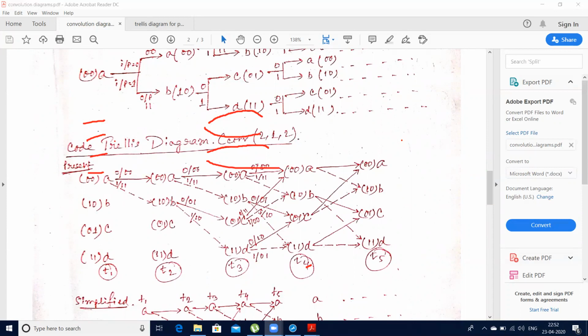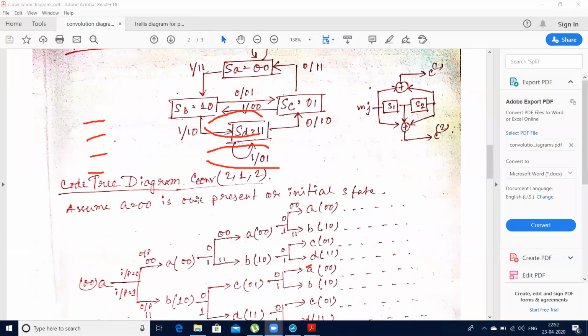B will be converted to C when the input is 0, and the corresponding output is 01, as you can see from the table.